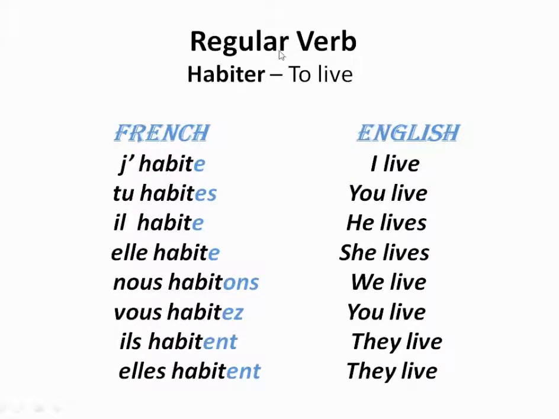Then another example of a regular ER ending verb is habiter, which means to live. Here also we will remove the er and then we are left with the stem habite. And then we'll write this stem throughout, and then we'll add the endings that are used for conjugation of er verbs.